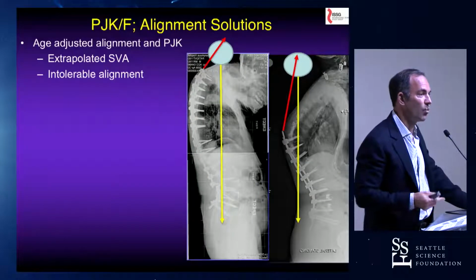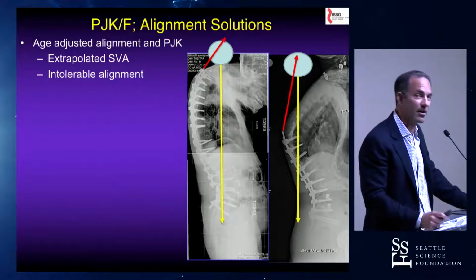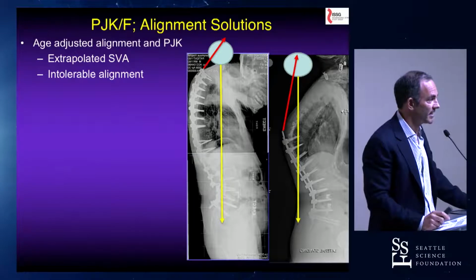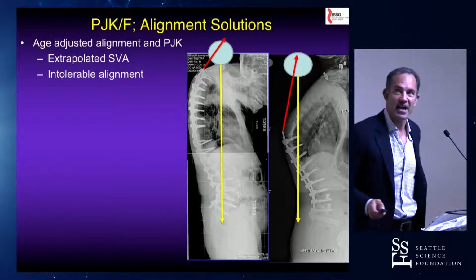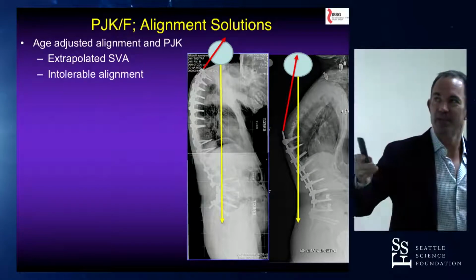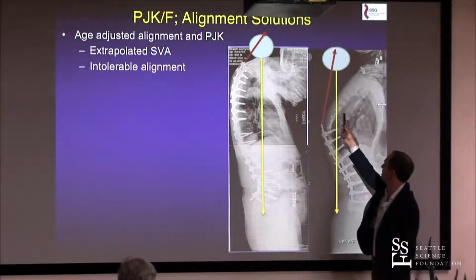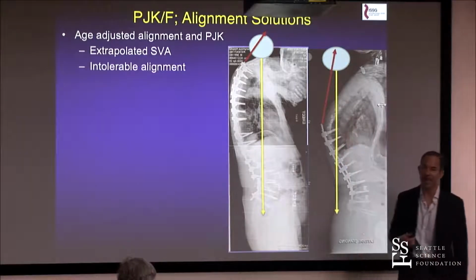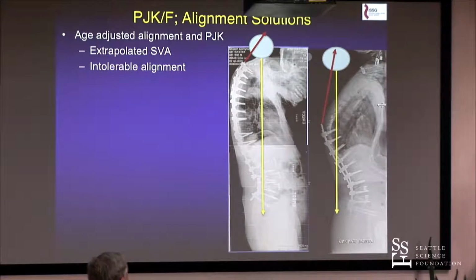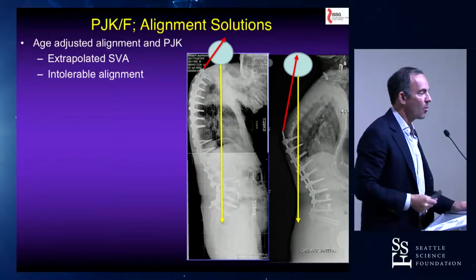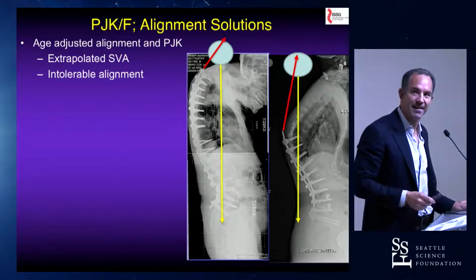And the question is, why does that occur? It's this concept of the extrapolated SVA. If you overcorrect, you can see how these two patients have failed. But if you look at where their head would have been, if we extrapolate it from the construct, their SVAs are way negative, and there's no way they can maintain that alignment.